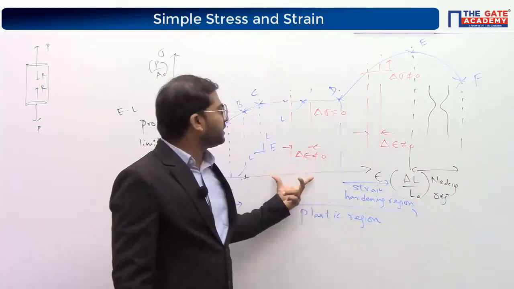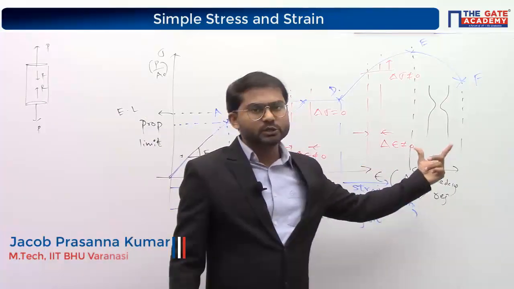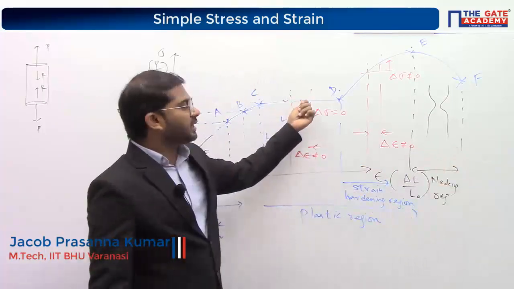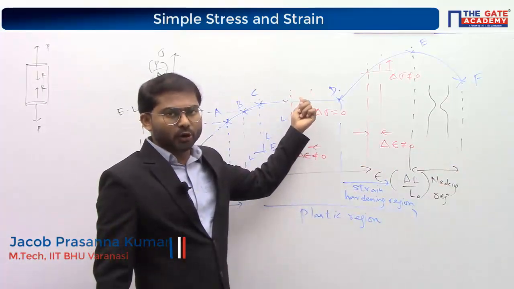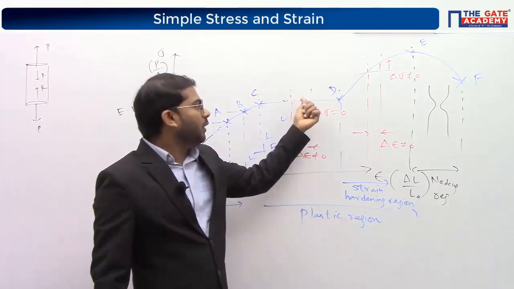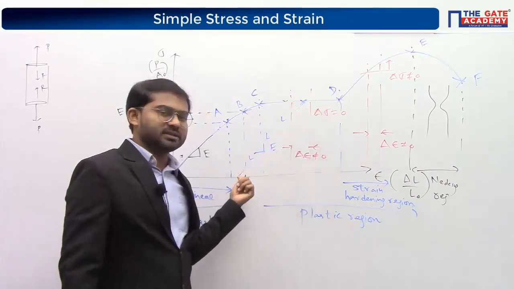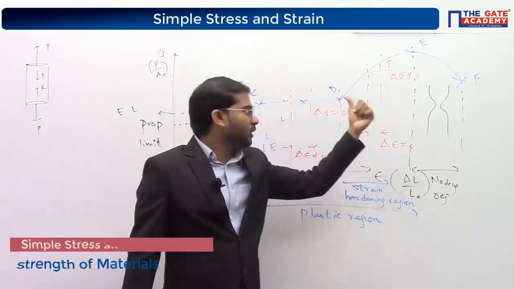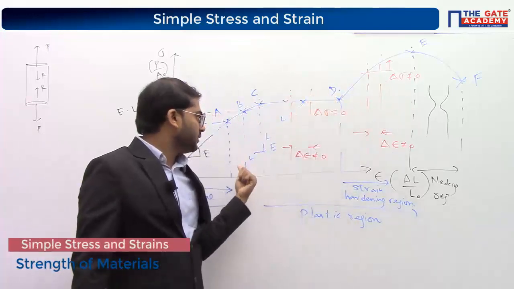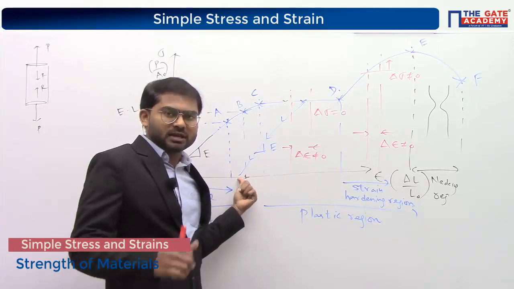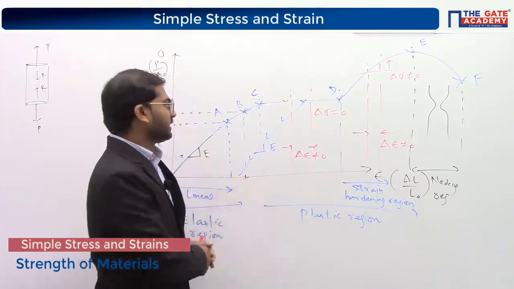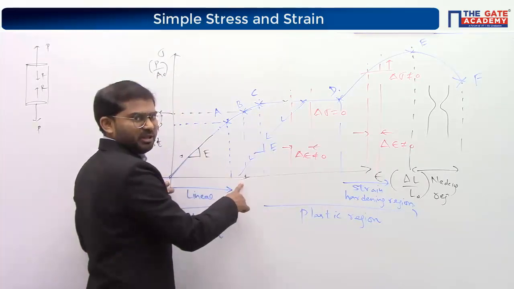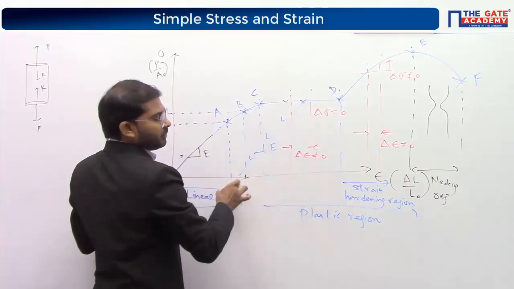Whether you take the plastic region C to D, or D to E, or E to F, if you release the load, it will take the same path like this. So from C to F, if you release the load, it will regain some amount of its dimensions. That means it comes to this one. That means permanent strain will be there. Some amount of strain value will be recovered.